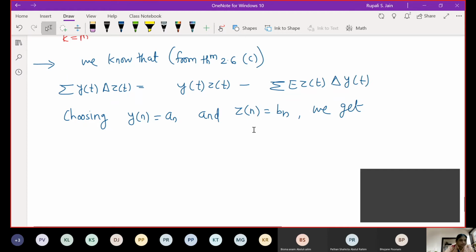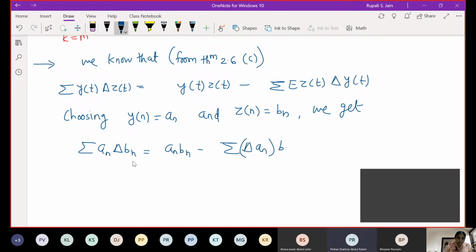What will I get? The summation of a_n delta b_n is equal to a_n b_n minus the summation of delta a_n b_(n+1). Is that okay? Any problem?